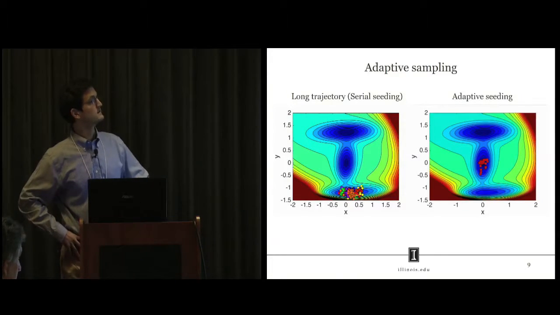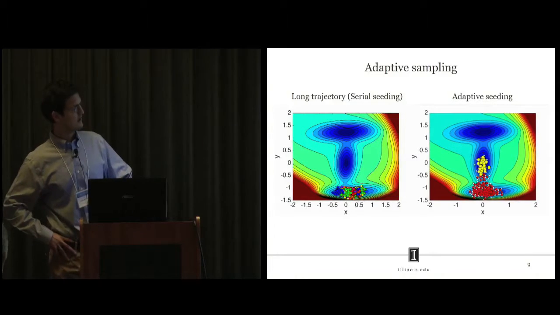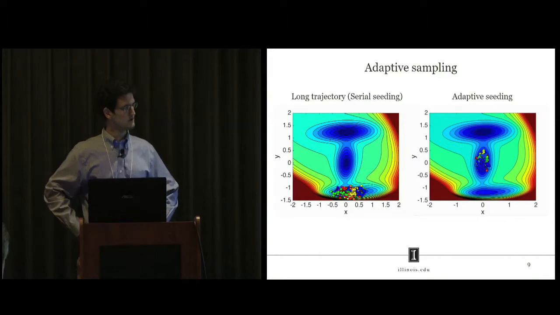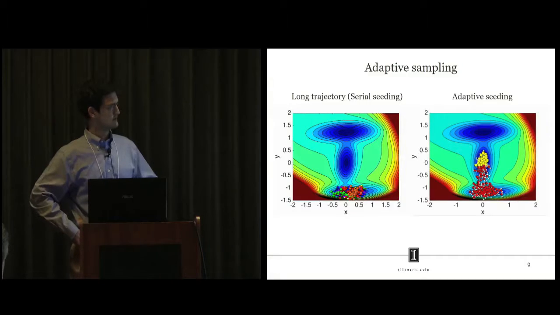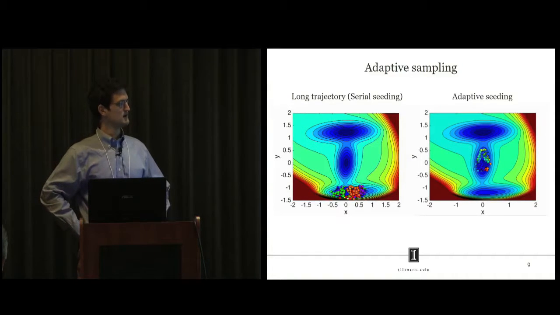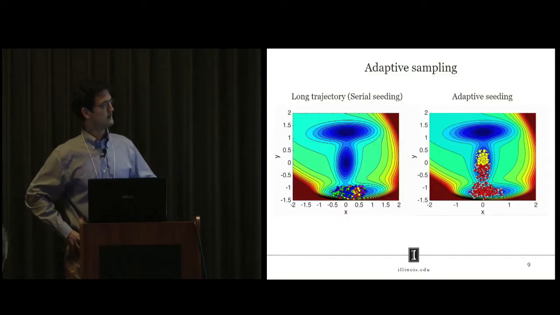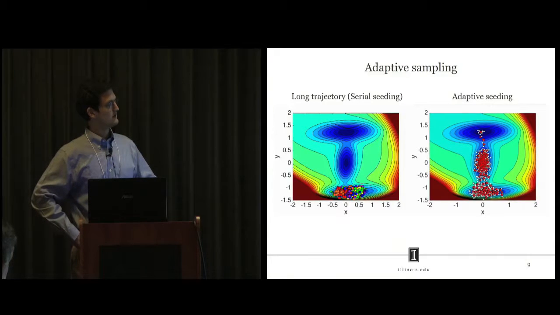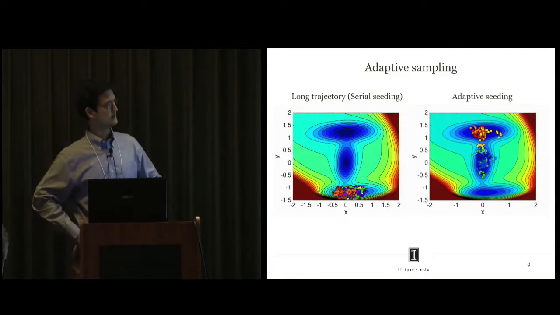So we're trying to sample this low energy region in blue, and the long trajectory doesn't leave the bottom low energy well. Whereas on the right, if we run simulations in rounds and cluster the structures together and then seed new simulations depending on some criteria that we can choose, that allows us to explore the whole landscape.